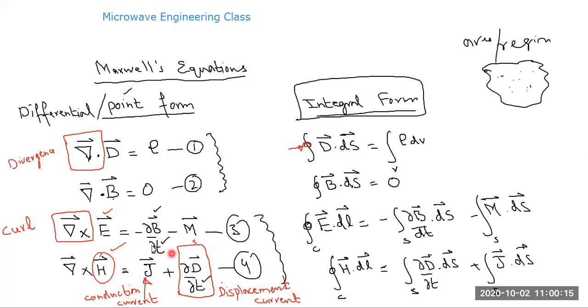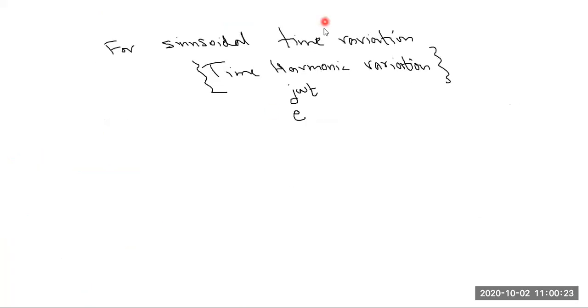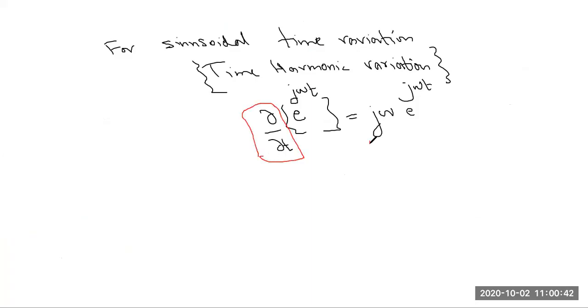Let's look at what happens when you take a derivative of a quantity which is changing with time. Whenever you take a derivative of something which has this type of variation, you get j omega e raised to power j omega t. So wherever you have d by dt, you can replace it with j omega.